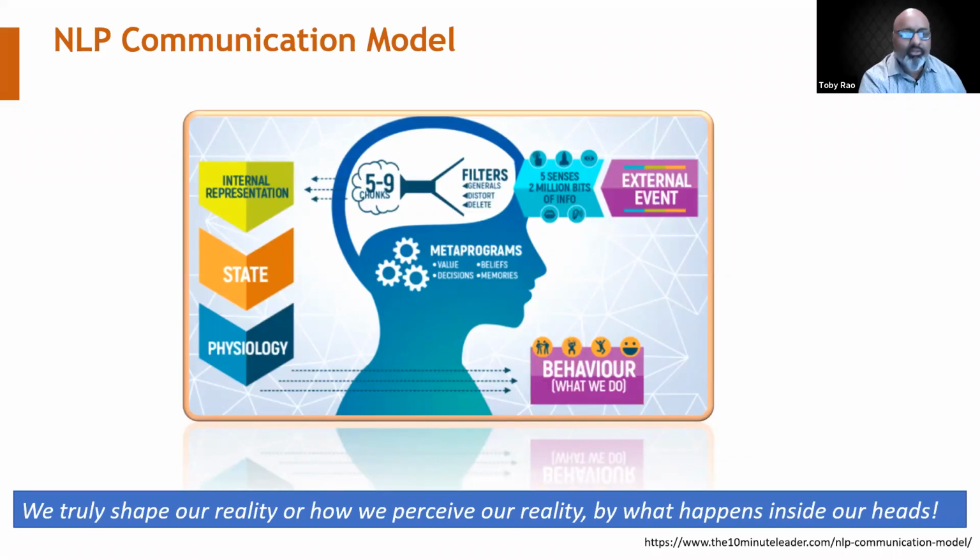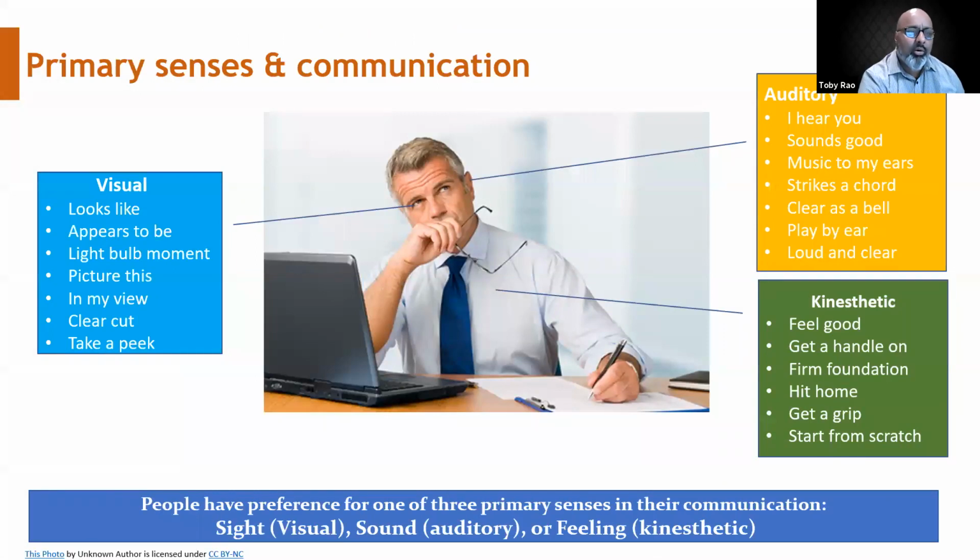So let's now understand, what are these filters? What are some of these other things? And what can we do to ensure that information received is processed properly by our human brains? Does it make sense? Okay, so let's jump at it. The way human beings process information happens through three different ways.